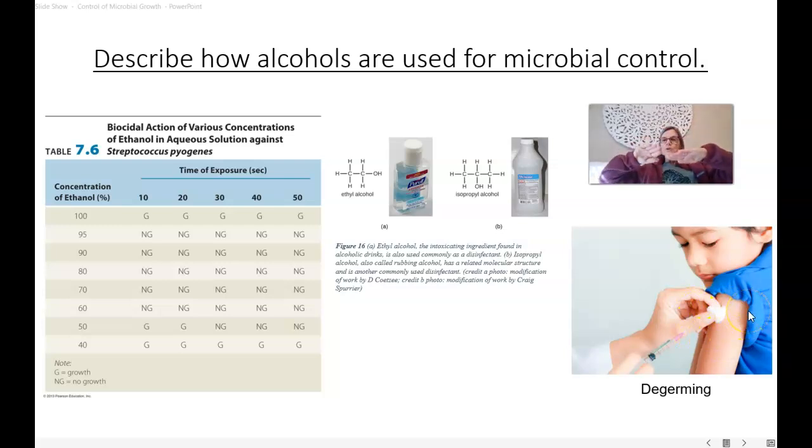And what you're doing is you're pushing the oils, and along with them the microbes, away from the site where you're actually going to give the vaccine. The alcohol actually isn't even on the skin long enough to kill the microbes. It's just breaking up the oils chemically and pushing them away from the injection site. So we call that degerming, when you're pushing microbes away.